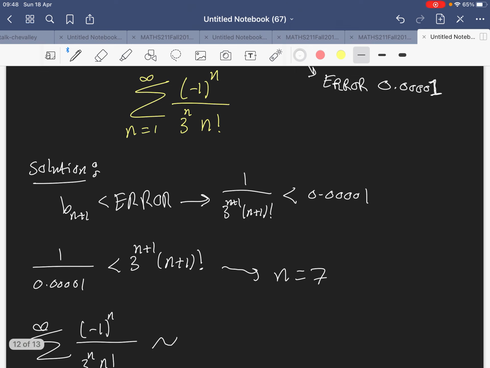Plug in 1, it will be -1 over 3, plus plug in 2 will be 1 over 9 times 2, 18, minus plug in 3, 27 times 6, and then plus, until you plug in 7. So 3 to the power 7, it would be a minus, by the way, and then 7 factorial.